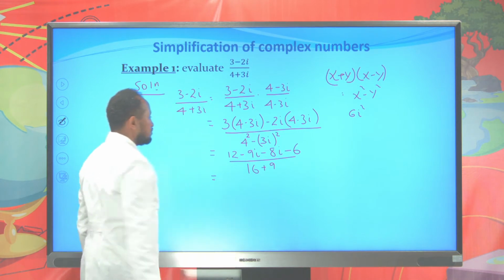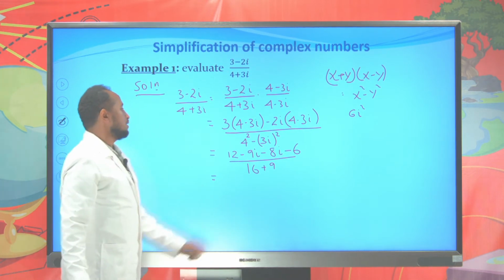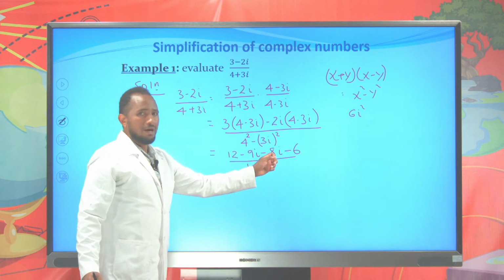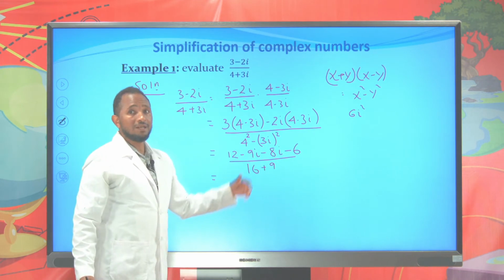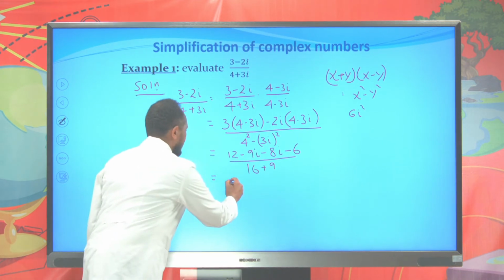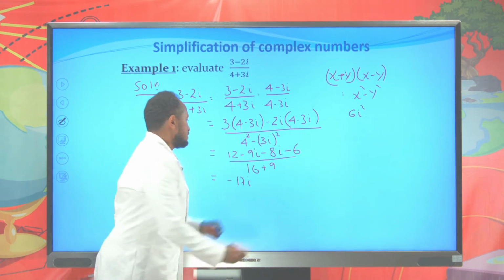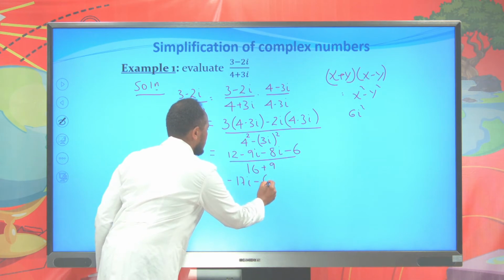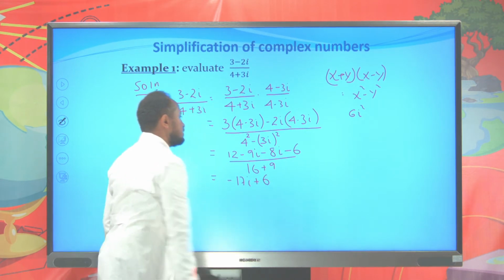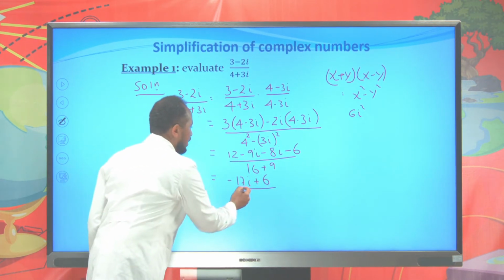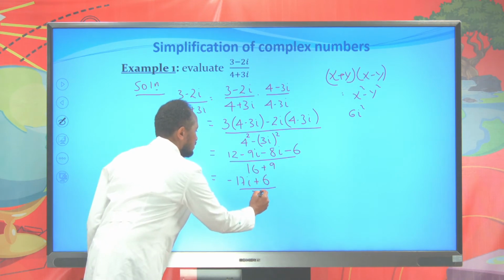Therefore, simplifying this, minus 9i and minus 8i, taking the imaginary part, is minus 17i. 12 minus 6 is positive 6, divided by 25.